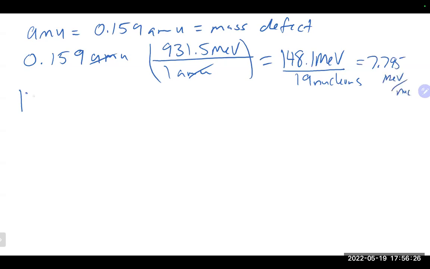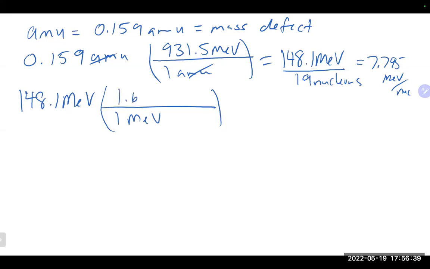We also can convert it into joules by using our conversion, which is 1 mega electron volt is 1.602 times 10 to the minus 13 joules. And now I got the wrong number there. I punch that in.